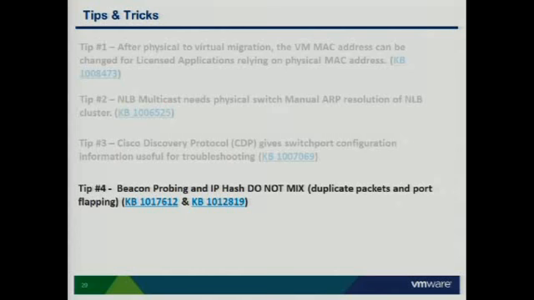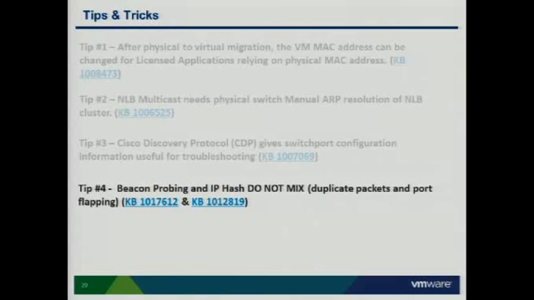So you can't do that if you're in an active configuration and taking NICs out, and we basically ignore that. What you're going to see is duplicate packets and port flapping, and you'll see that on the physical switch side. So you really want to avoid that. Once again, just make sure you get the physical switch config and check that.